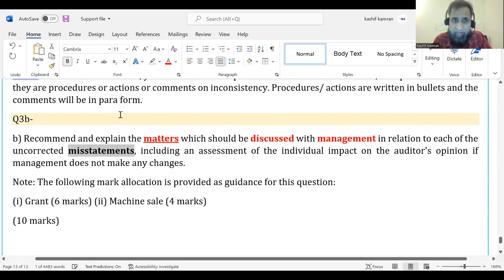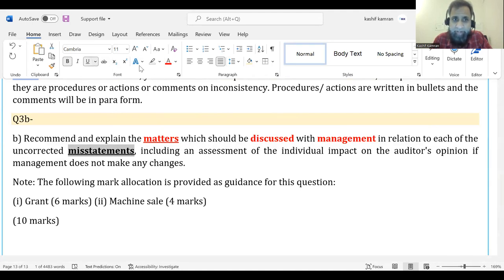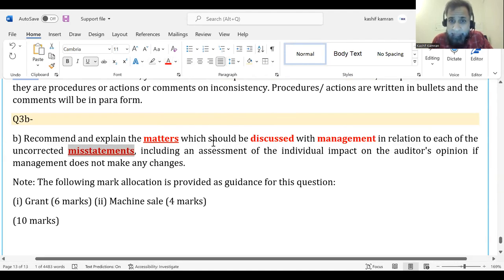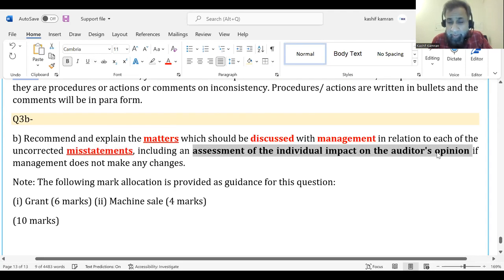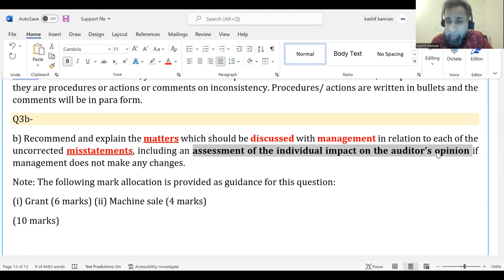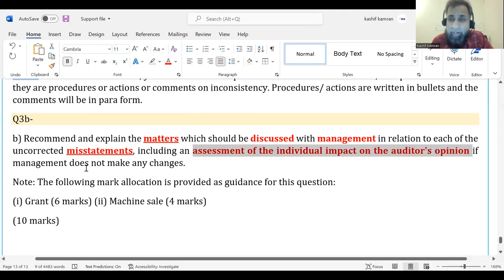Now, when you have a misstatement and you want to discuss the matters relating to uncorrected misstatements with management, what exactly those matters are, including an assessment of the individual impact on the opinion. Aggregate impact? No. If you give an aggregate impact, are you wasting your time? Is the examiner asking for an aggregate impact? No. So if you give the aggregate impact, are you wasting your time? Yes. If management does not make changes.